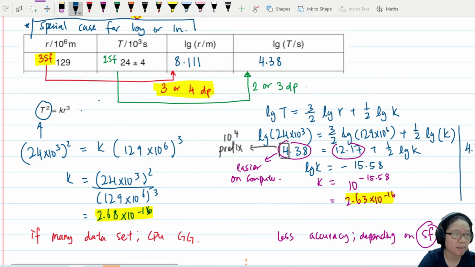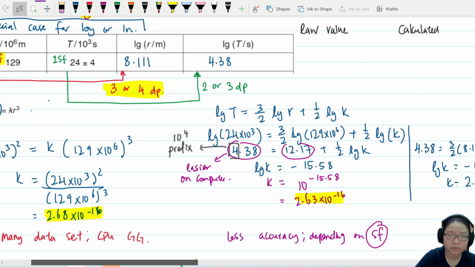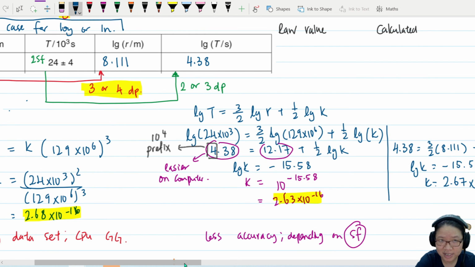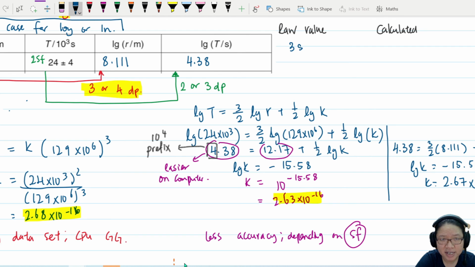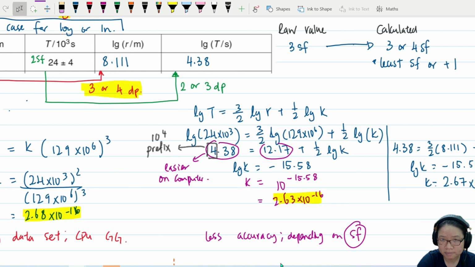Okay, so as a recap, whenever you have data, you will have two things. You will have raw value, and then you will have some calculated value. So if your raw value is, let's say, 3 SF, when you move to the calculated value, it should be 3 or 4 SF. So basically, we are following least SF or +1.